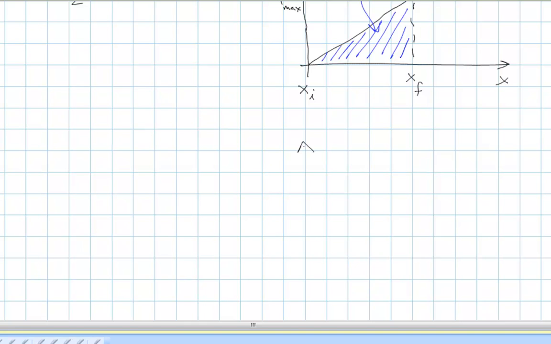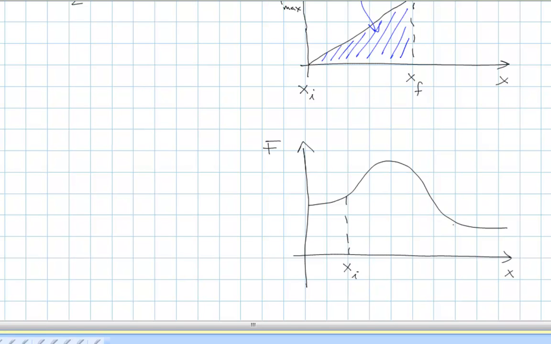If you have a force that has some crazy shape to it, a force versus position curve, and you're looking at the work done going from x initial to x final, it's the area under that curve.